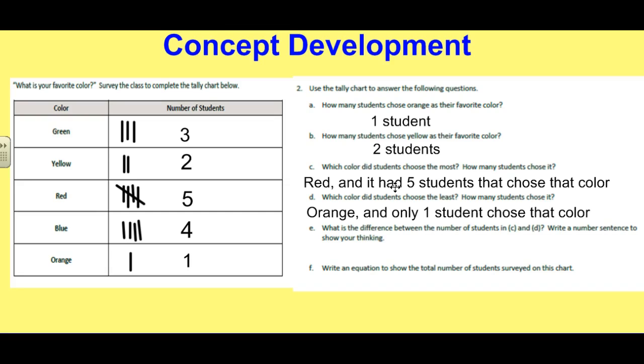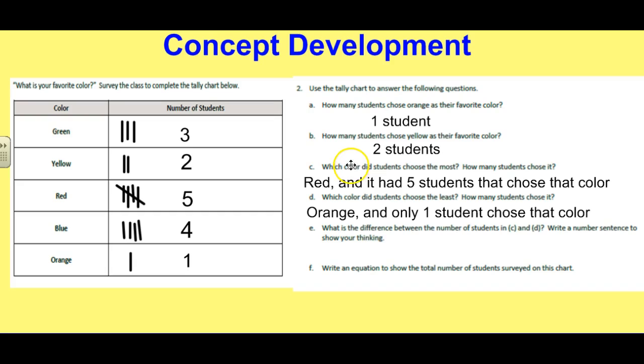E says, what is the difference between the number of students in C and D? And I want you to pay attention when you see the word difference in the sentence, you should be thinking of subtraction. So we're thinking of subtracting the students that were in C and D. And then it says to write a number sentence to show your thinking.